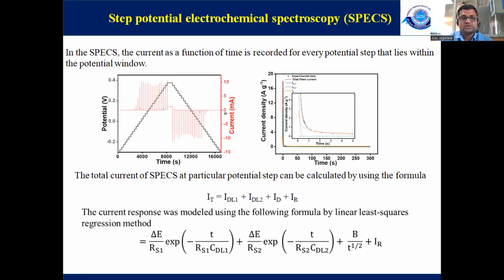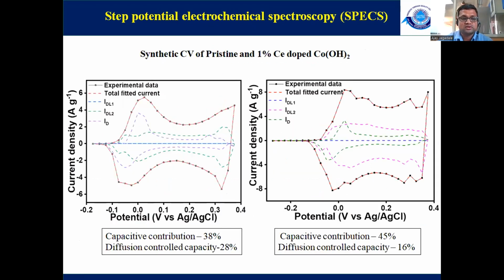Okay, so we used b-value characterization in order to find out the capacitive and diffusion controlled contribution of this electrode. So here we found that in case of undoped cobalt hydroxide, the capacitive contribution was 38%, and when cobalt hydroxide was doped with 1% cerium, the capacitive contribution increased to 45%.